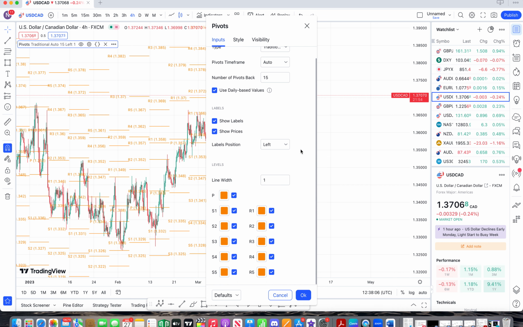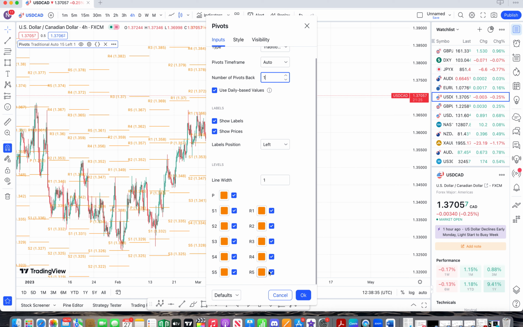What I like to do is change the number of pivot points back and leave it down to 1. That way I know what I'm looking at as far as pivot points and also support and resistance. The P stands for the pivot. The S1 and R1 are your first support and first resistance. Your second support, second resistance, third support, third resistance, so on and so forth.